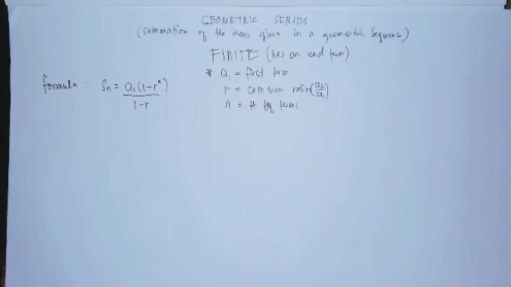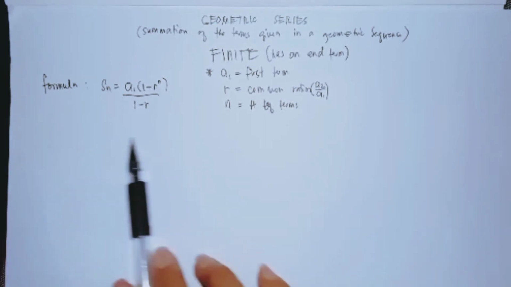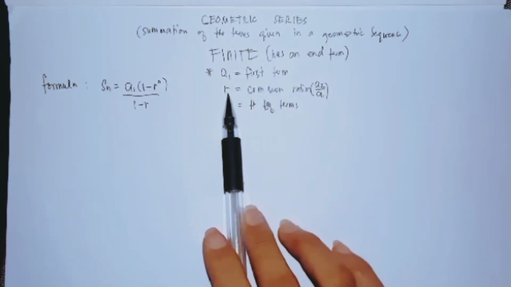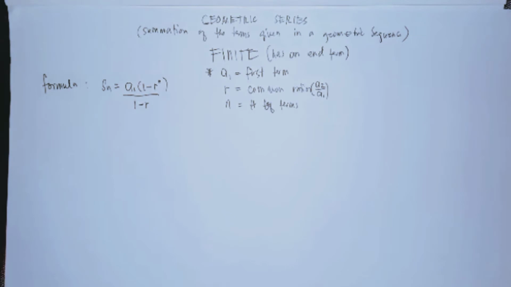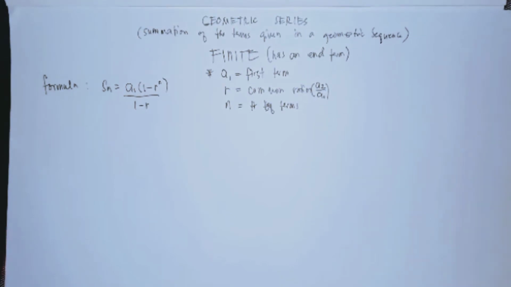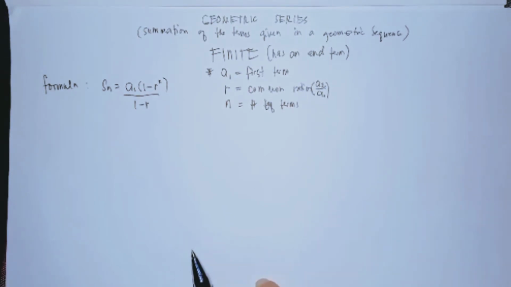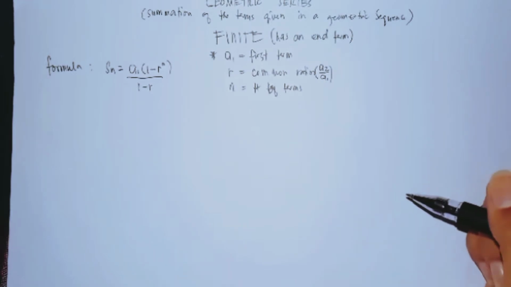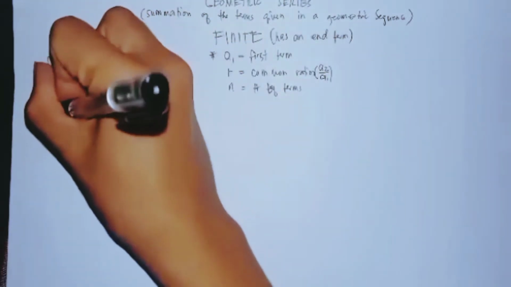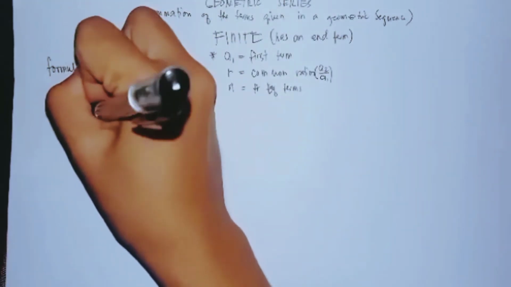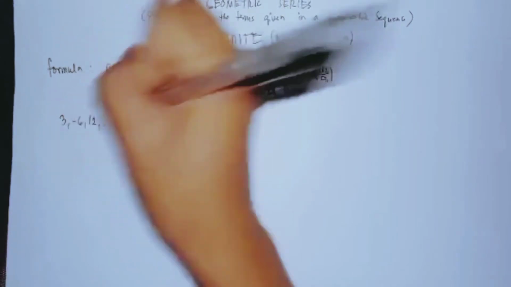Now, next, paano siya gamitin? Alam natin yung formula, alam natin ang A1, ang r, at ang n. But, paano natin siya magagamit? So, let's have an example. Halimbawa, we have the sequence 3, negative 6, 12, and so on.